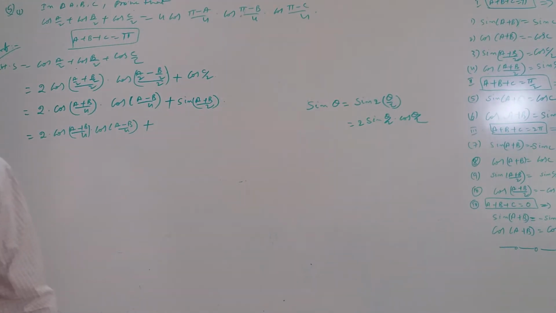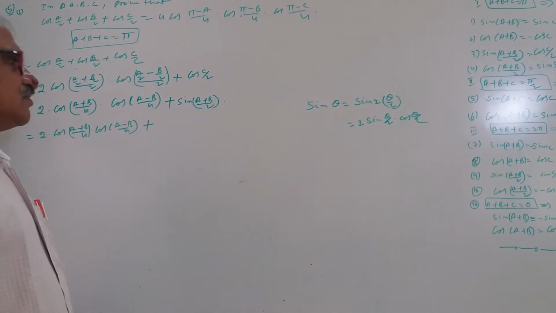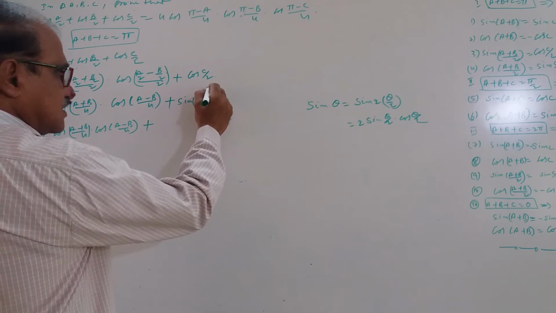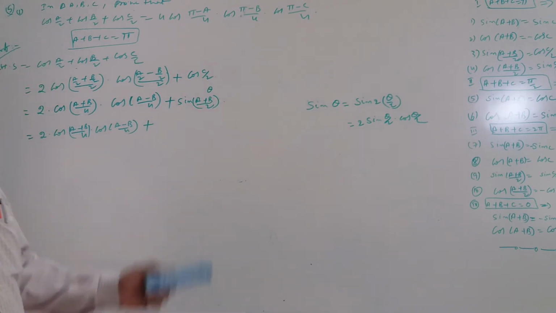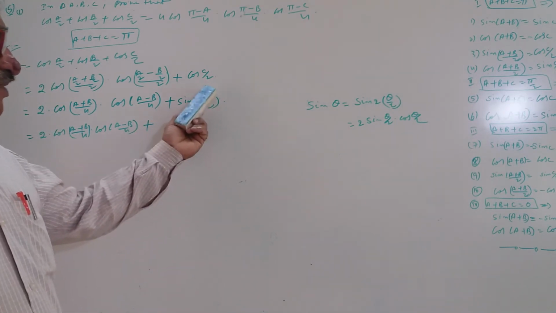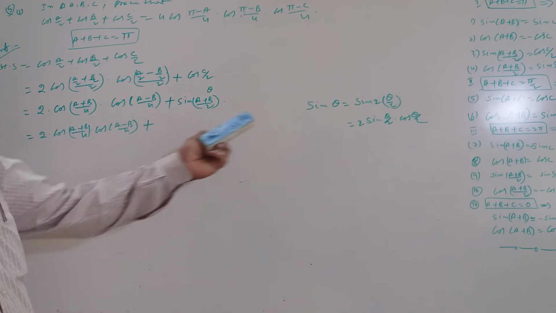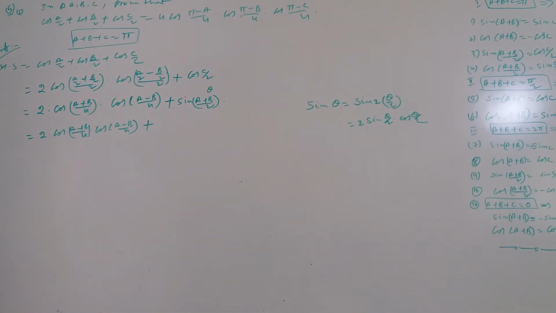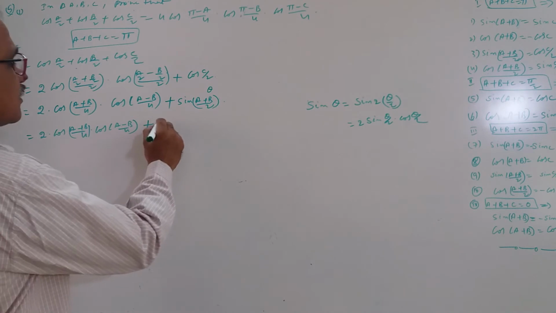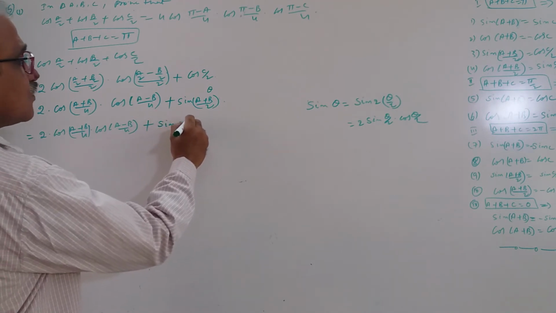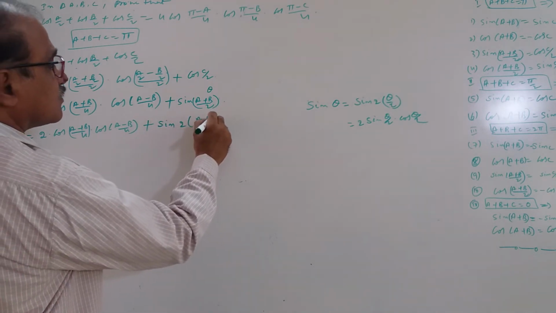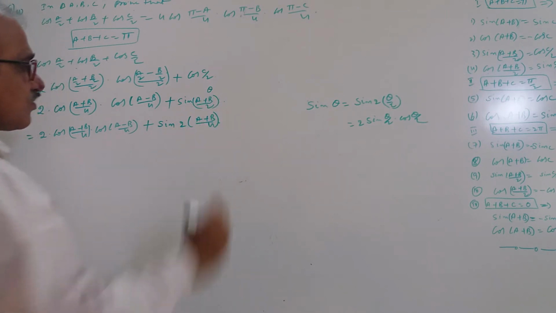If we take (A plus B) by 2 as theta, by using that formula, I will write one step again: sin 2 into (A plus B) by 4.